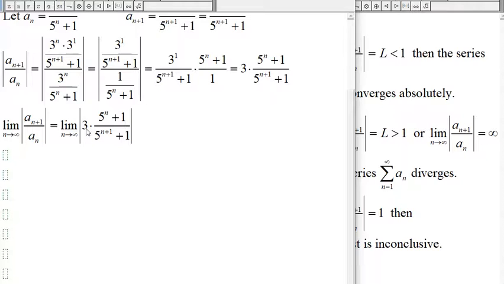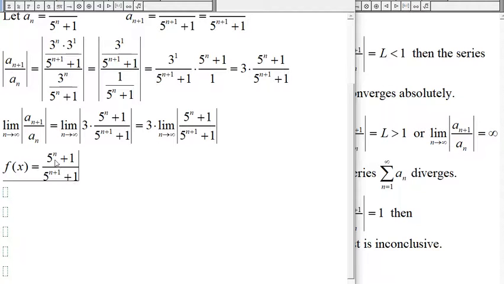And 3 is a constant, so we can go ahead and move it to the front. And then we need to find the limit of this right here. So let's find the limit of 5 to the n plus 1 divided by 5 to the n plus 1 plus 1. And so the corresponding continuous function is this. So instead of n, we have x.